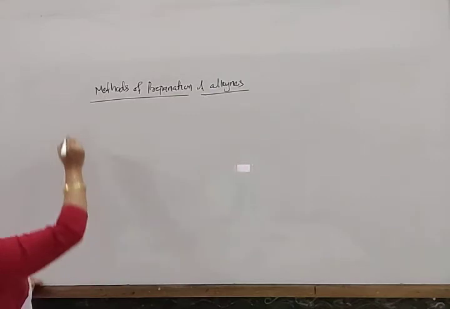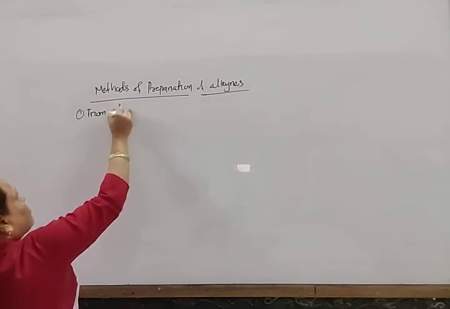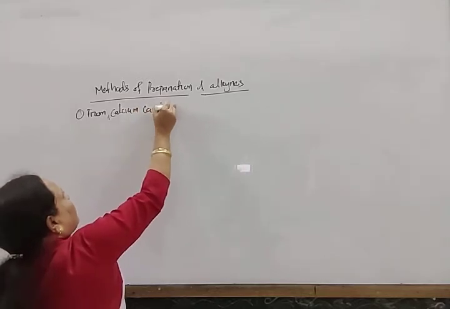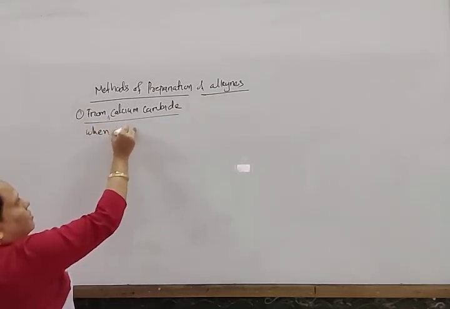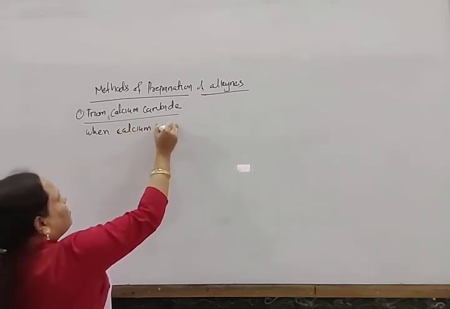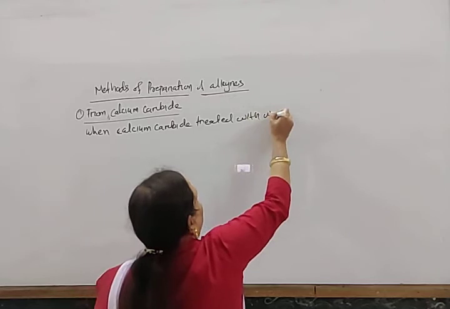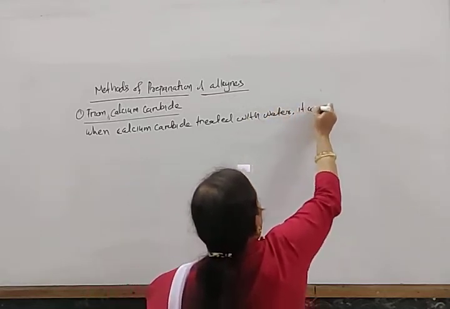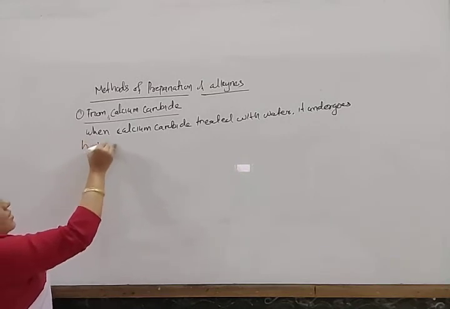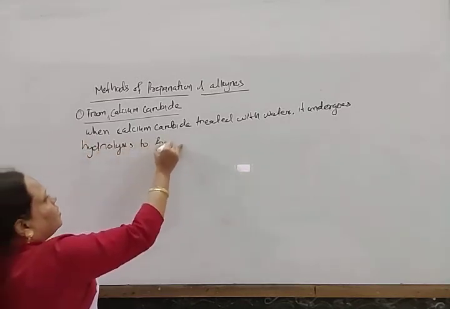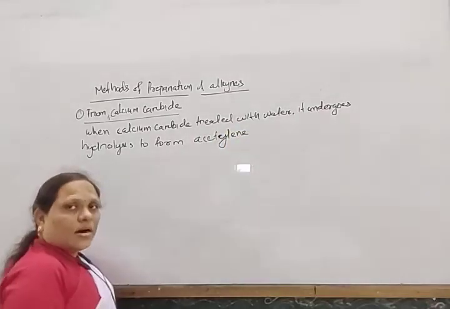Okay, so first from calcium carbide. When calcium carbide is treated with water, it undergoes hydrolysis to form acetylene, or ethyne.